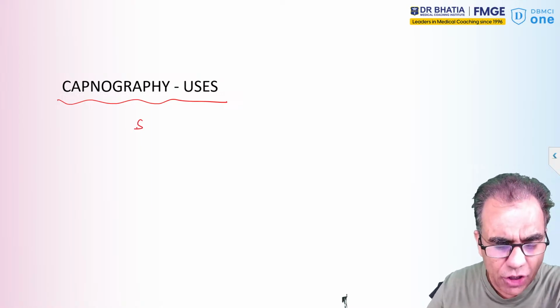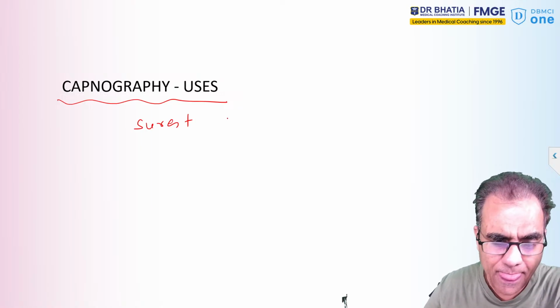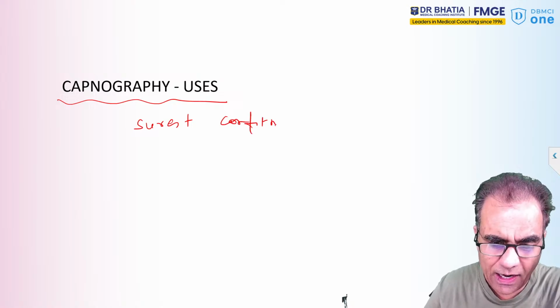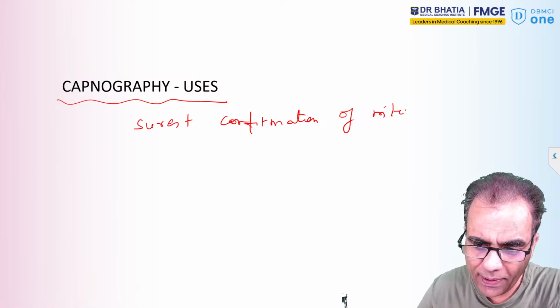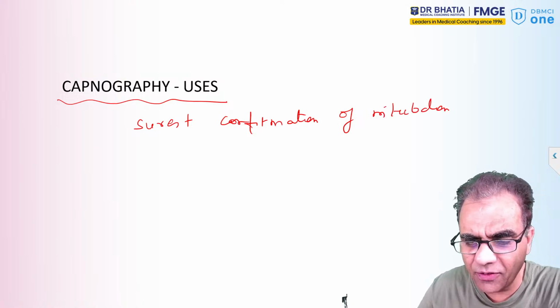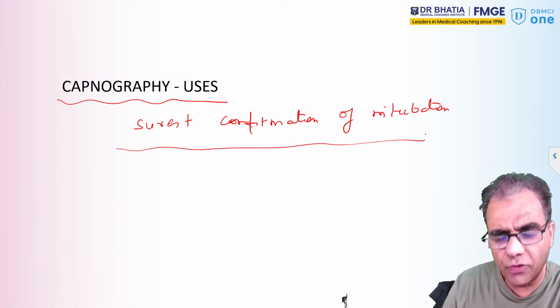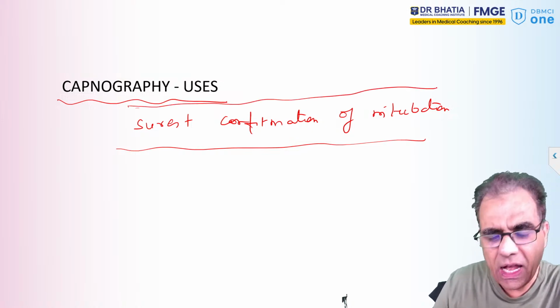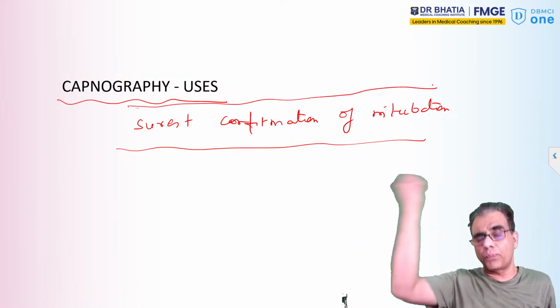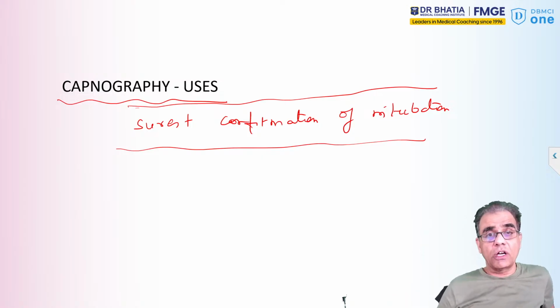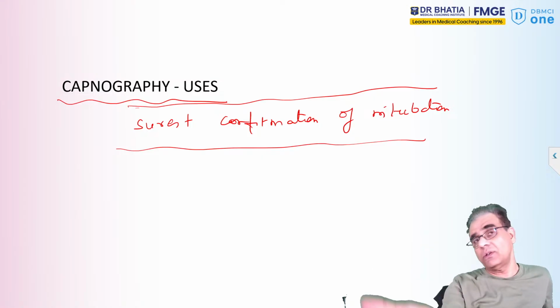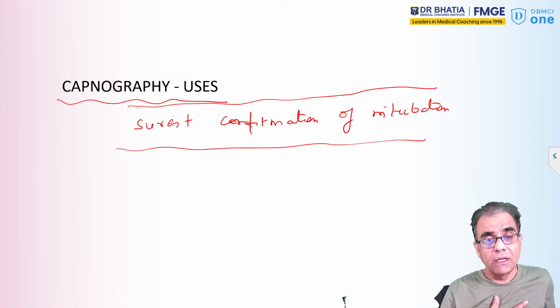Uses: it is the surest confirmation of intubation. It 100% confirms that the position of your endotracheal tube is correct, or you can say whether you placed your tube in the esophagus. If your tube goes into the esophagus instead of the trachea, that means you are directly killing the patient.